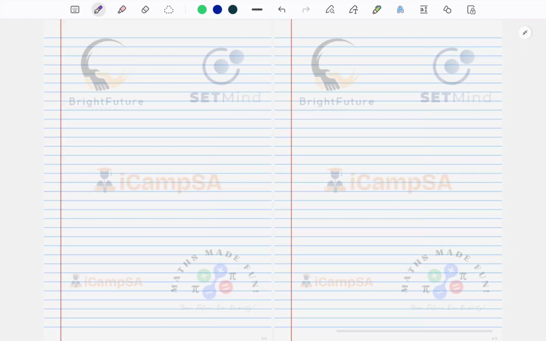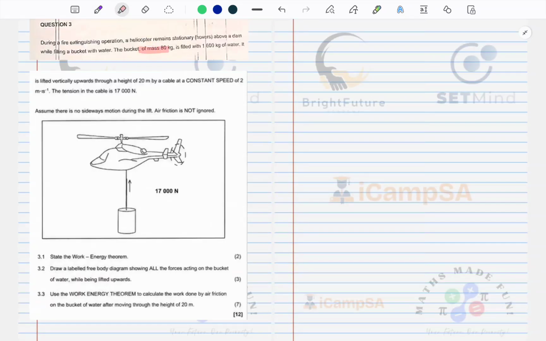Okay, so now we are looking at question 3. Here they're saying during a fire extinguishing operation, a helicopter remains stationary or hovers above a dam while filling a bucket with water. The bucket has a mass of 80 kg and is filled with 1,600 kg of water.